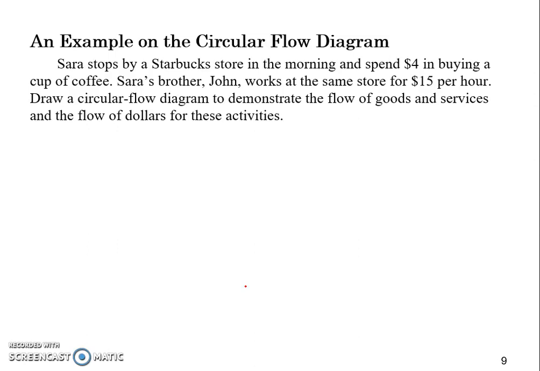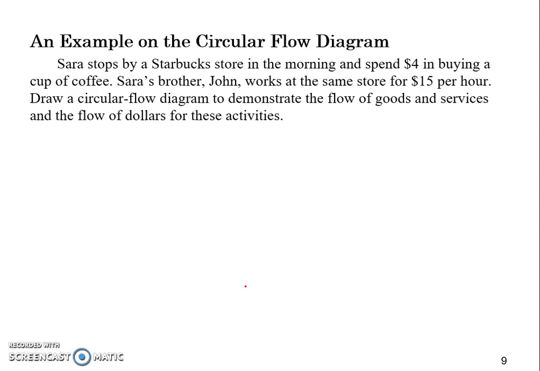Please remember that the circular flow diagram, as a simplified version of our economy, demonstrates the relationship between households and firms. What connects the households and firms is the market.